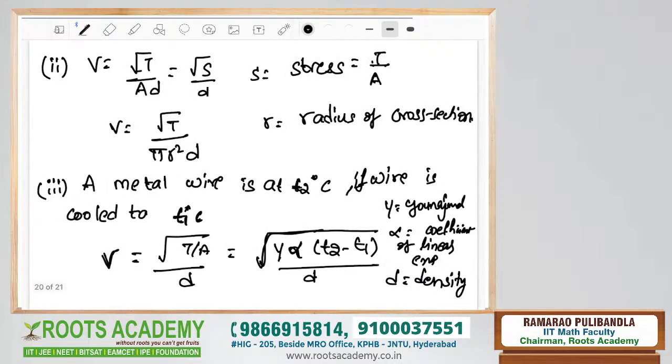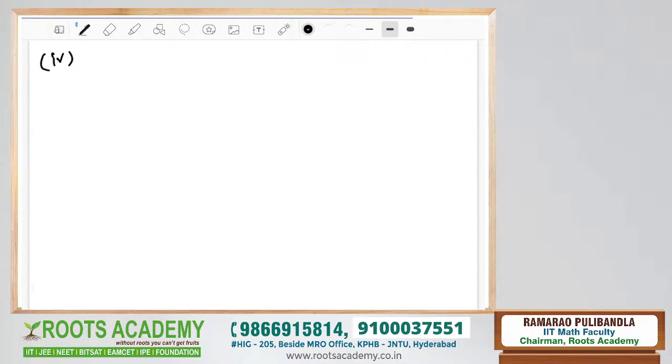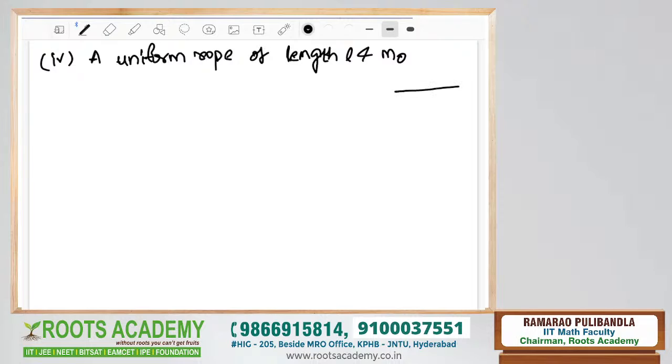So the next case is when a uniform rope of length L and mass m0 is suspended vertically from a fixed support. At the other end, a mass m is attached.